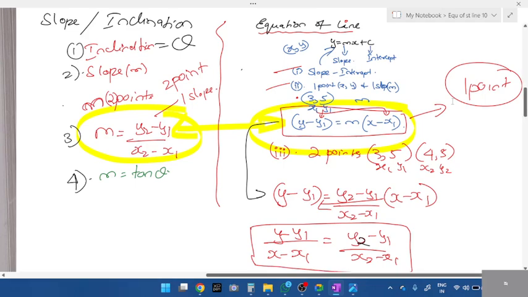Okay, I've written all the main formulas. Left hand side, do you remember slope and inclination? Can you see the screen? Okay, right hand side, I've written these values. Equation of line. Just a minute.